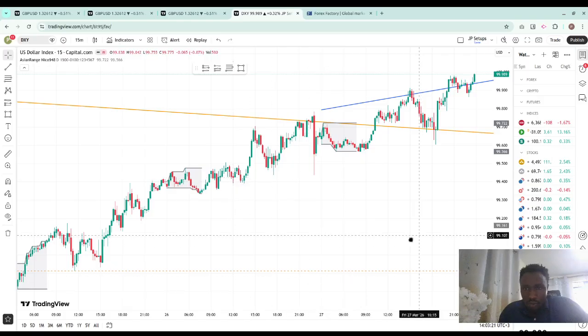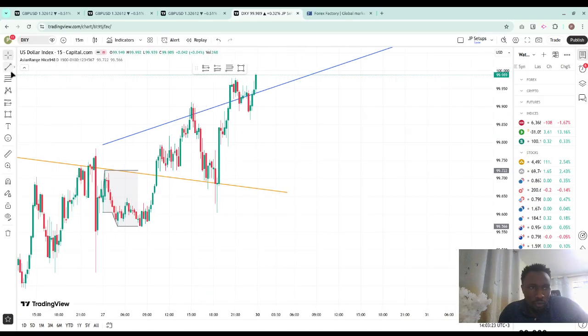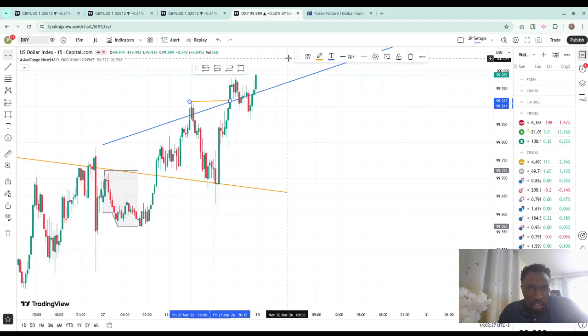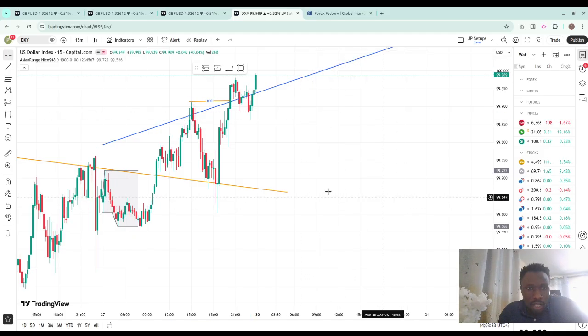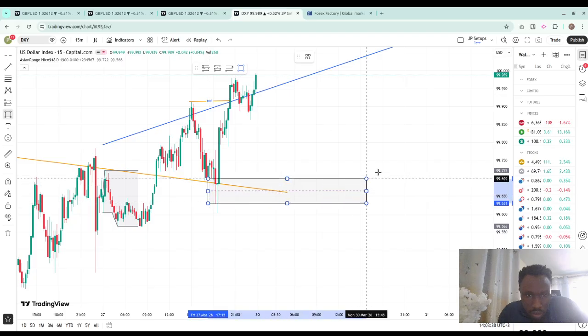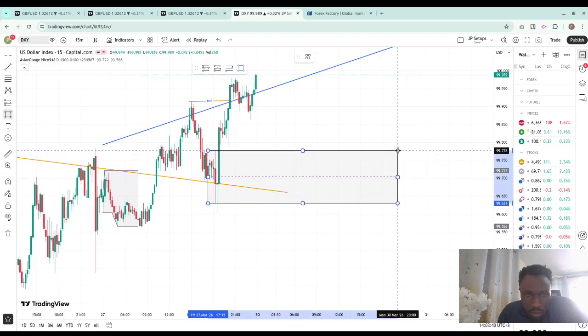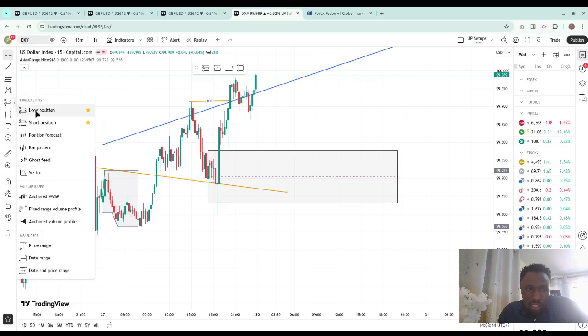for me, if we come to the 15 minutes, you see we have this break of structure, and then we have this order block here. Then for me, I'm still confident in taking buys long.